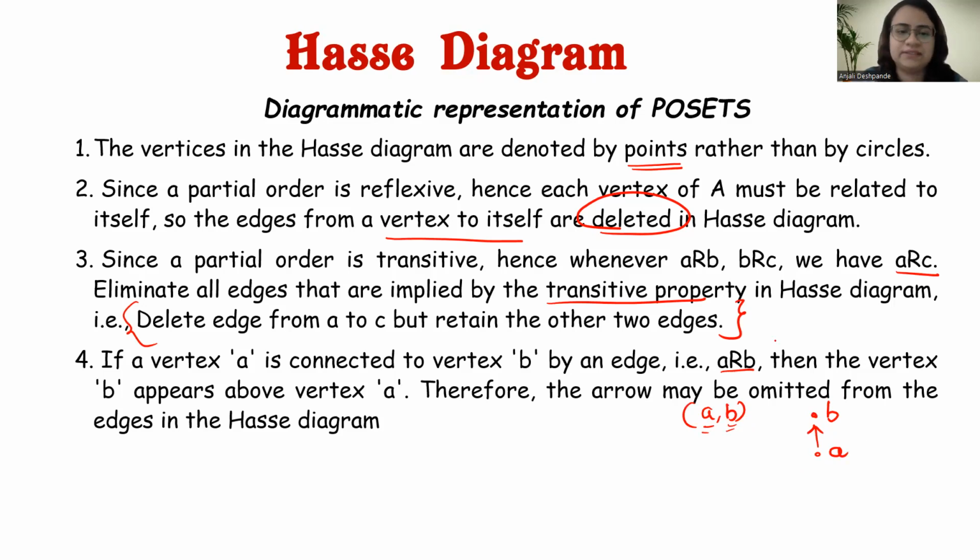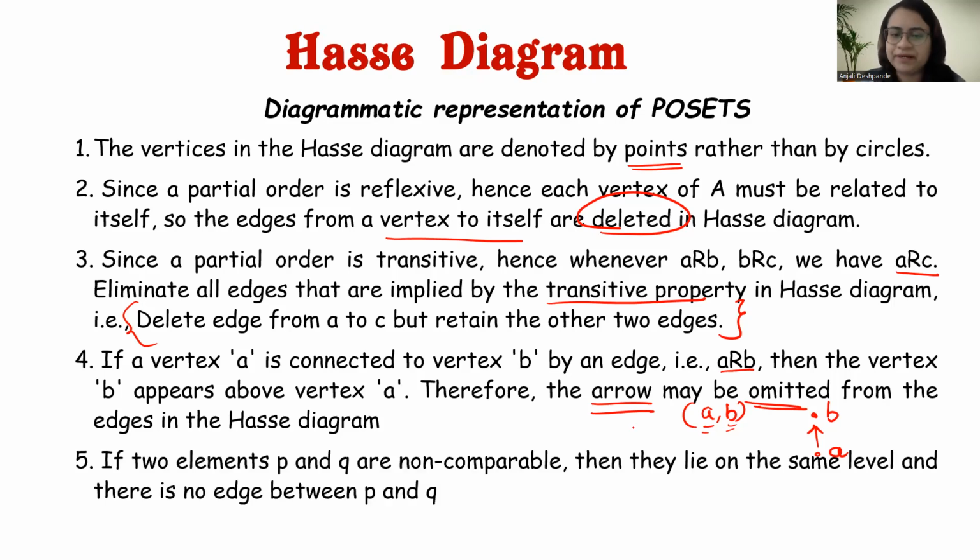As this is already assumed, the arrow may be omitted from the edges in the Hasse diagram. That means we are omitting the arrows, as we know that the vertex below is related to the vertex above.